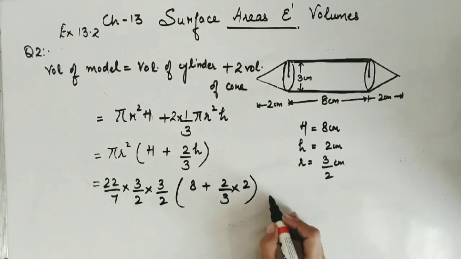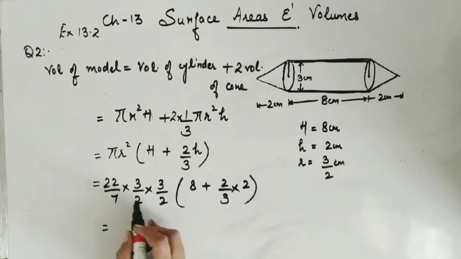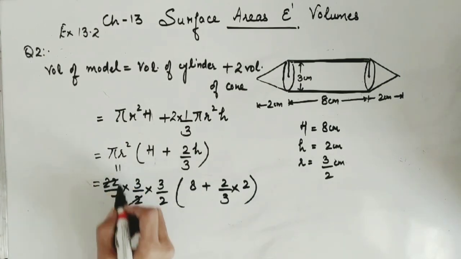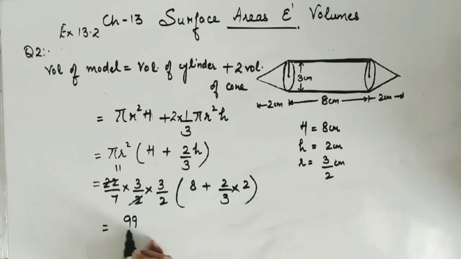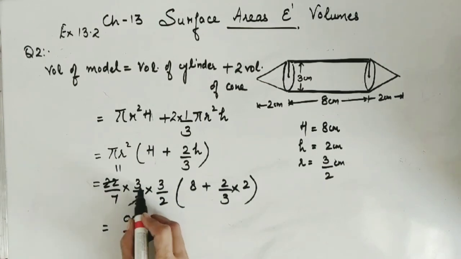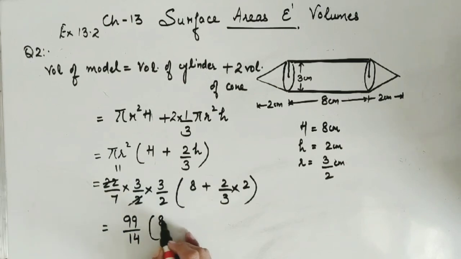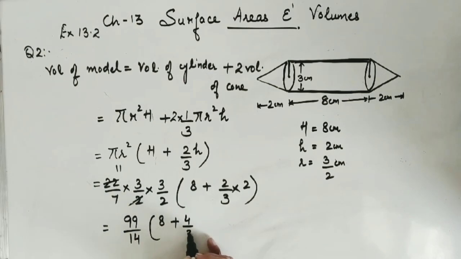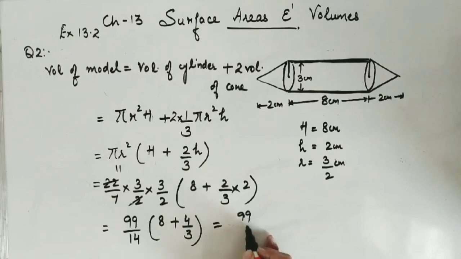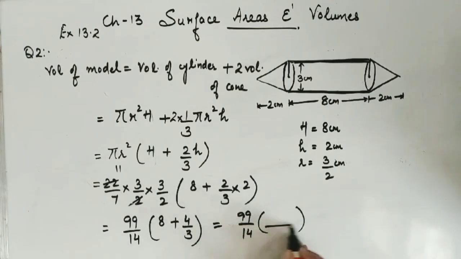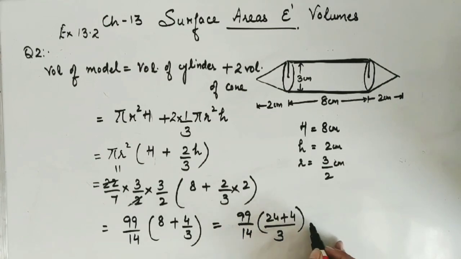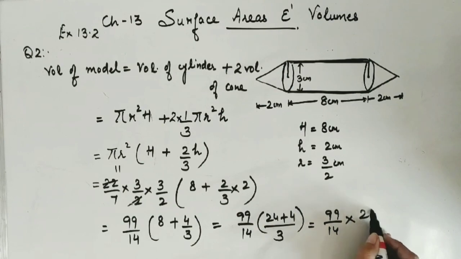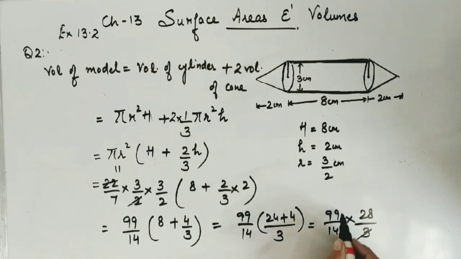Solving this whole, cancel this, solve, this is 99 by 14, and 8 plus 4 by 3, so this is 99 by 14 into (24 plus 4) by 3, which is 99 by 14 into 28 by 3.